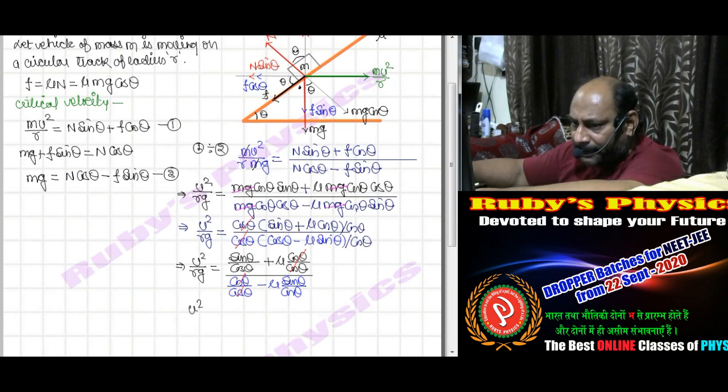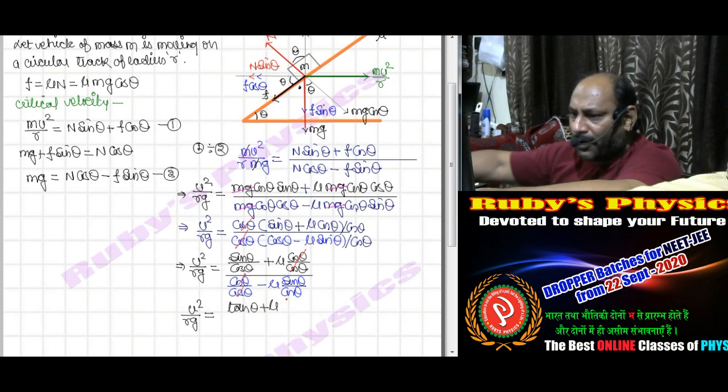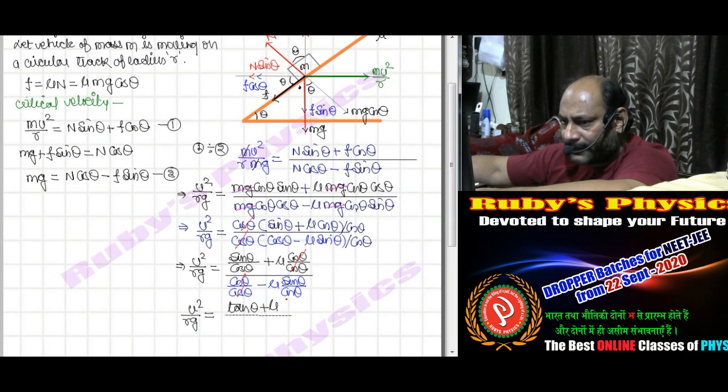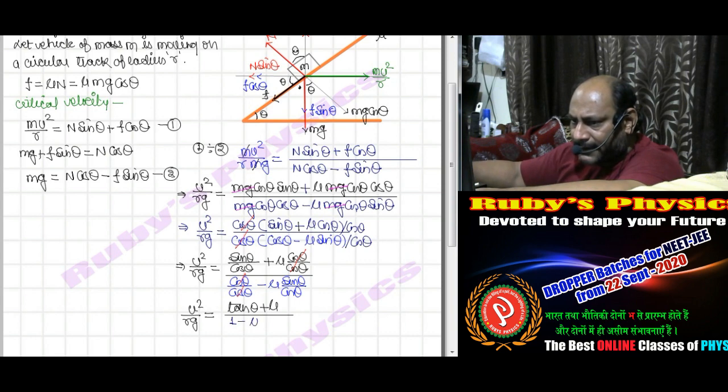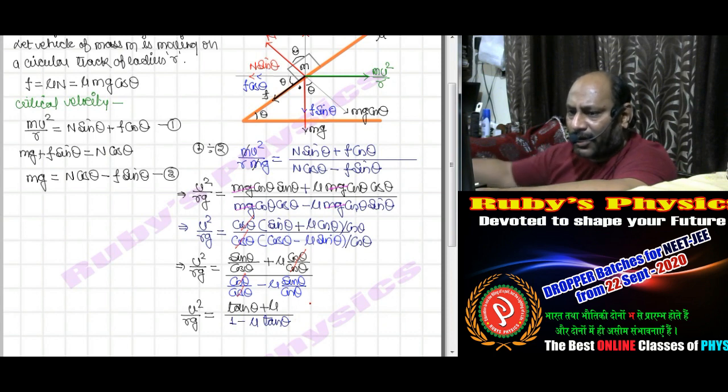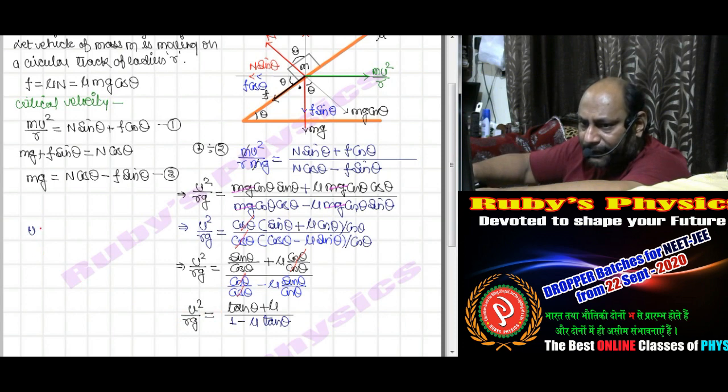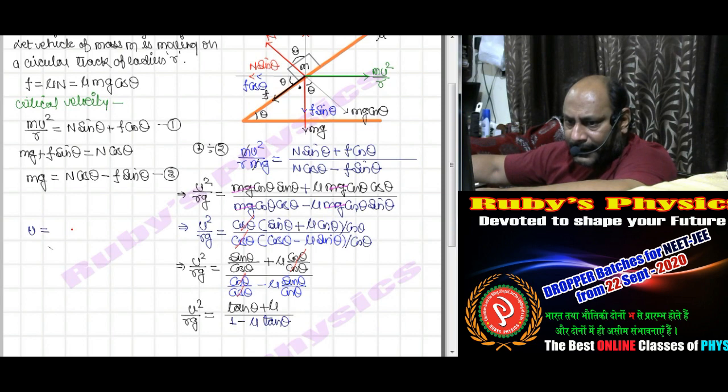So can I write v square by rg will be equal to, in the numerator, tan theta plus mu, upon 1 minus mu tan theta. And if I cross multiply rg and take the square root, this is the expression for the velocity that a vehicle can cross safely.